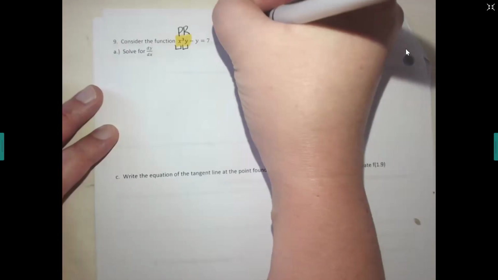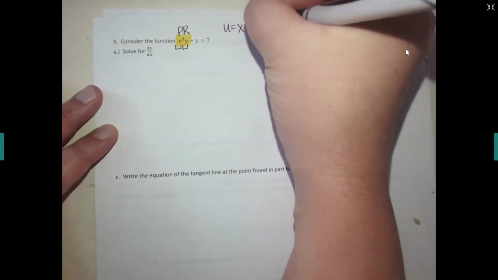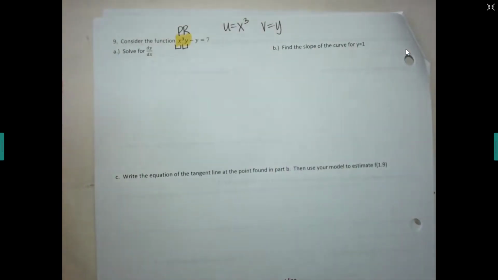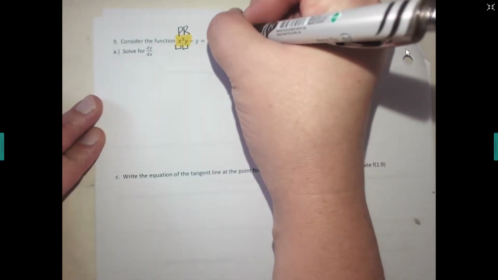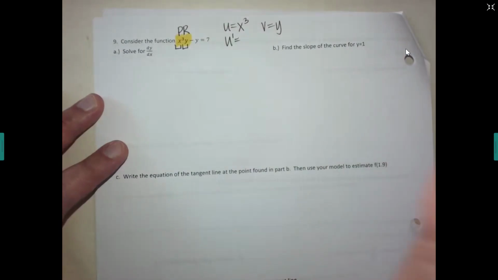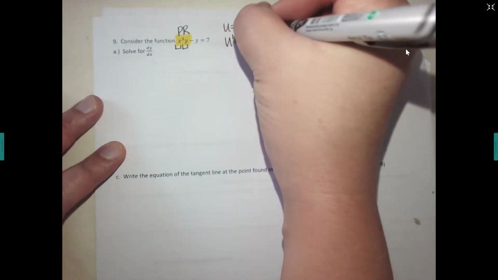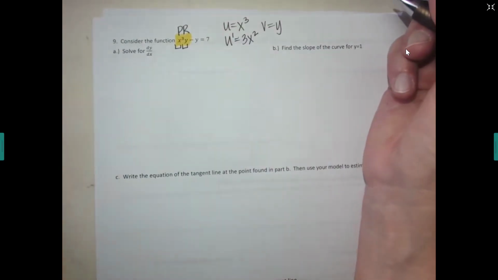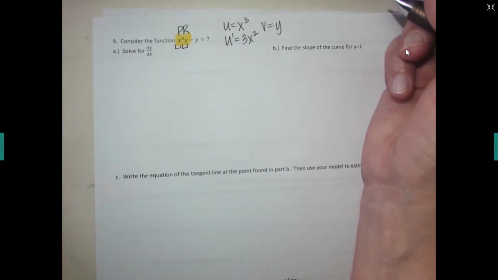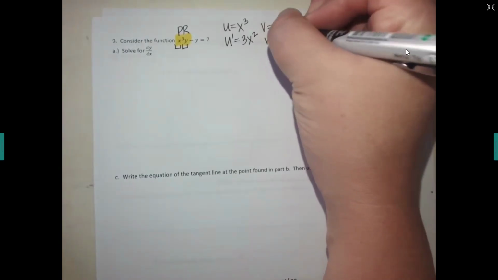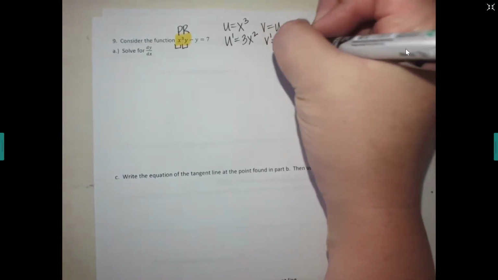My u is an x cubed. My v is a y. What would that make my u prime? If you were here last time, help us out. 3x squared. Okay, which is normal. But then when I take the derivative of y, the derivative of y goes to 1. And then I attach a dy dx.